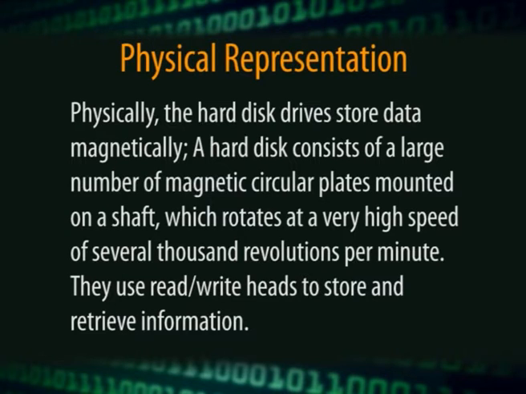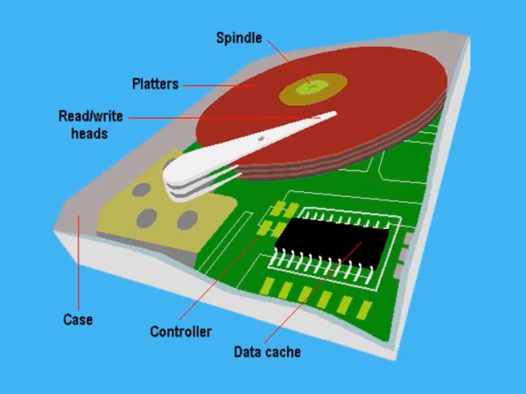They use read write heads to store and retrieve information. The magnetic information on a circular plate is organized in the form of concentric circles called tracks. The tracks are numbered 0, 1, 2 from the outer concentric circle to the inner concentric circle.